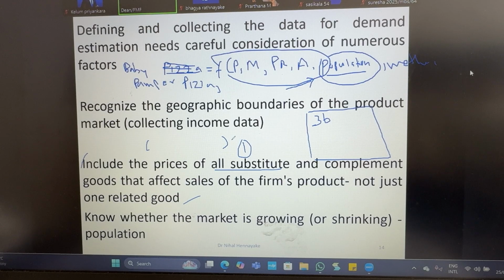So even though the particular variable is important, that is a kind of limitation: no data, so you drop it. That kind of explanation, justification you have to provide. You got that point?